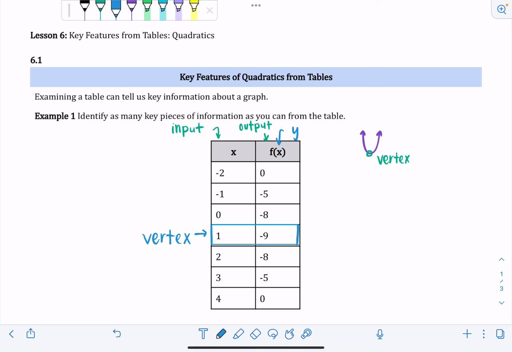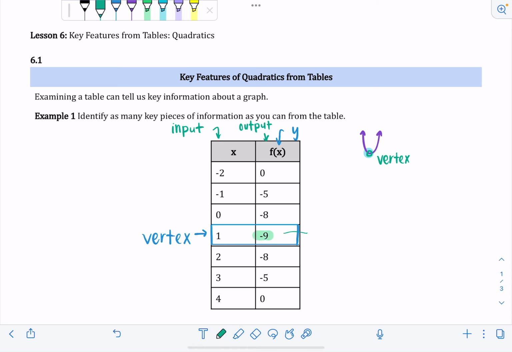Okay, so that's one very key piece of information that we found from the table. Whenever there's a vertex, there's either a maximum or a minimum there. Since we already sketched a graph and can see that our vertex is the lowest point of our graph, that means that the -9 of the vertex is the minimum.